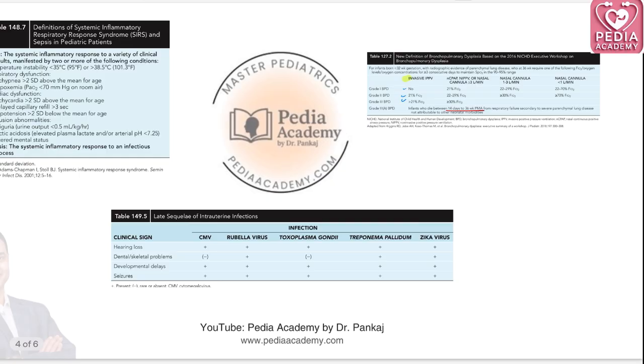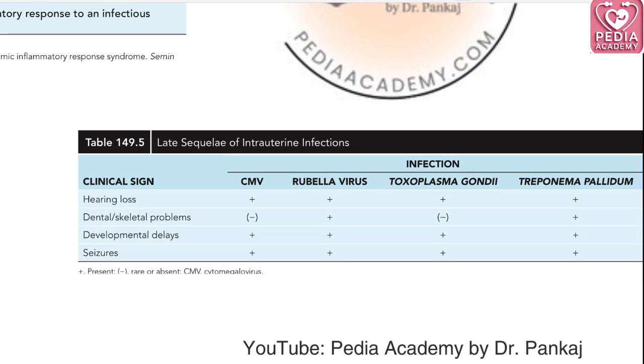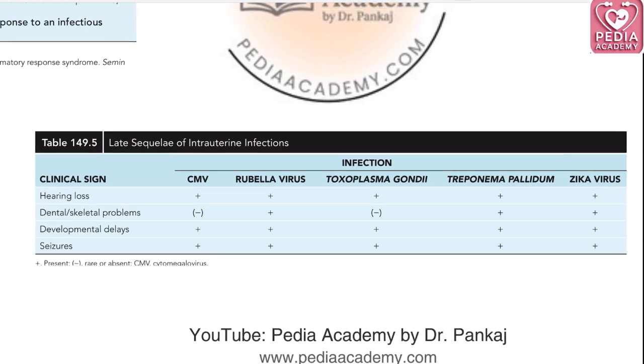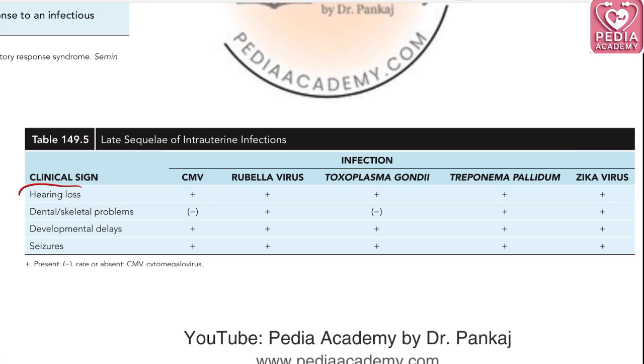So, late sequelae of intrauterine infections. So, just see, hearing loss, we have discussed this. Hearing loss is universal among CMV, rubella, toxo, treponema, and Zika. Okay, dental and skeletal problems are in CMV and toxoplasma, it is generally not seen.